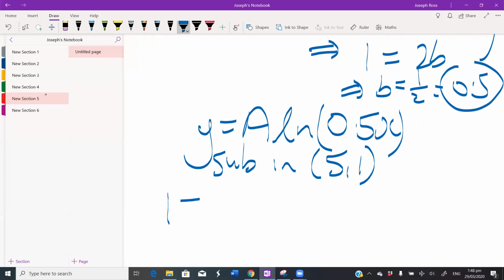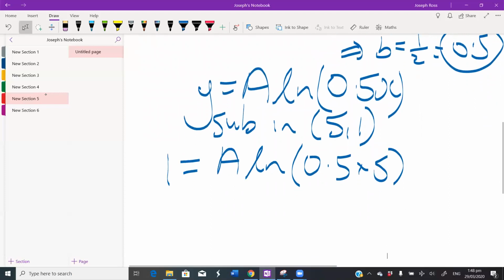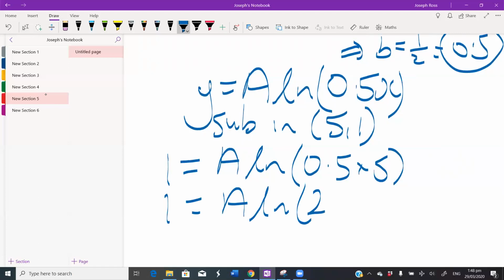That gives us 1 equals a ln of 0.5 times 5, so 1 equals a ln of 2.5.